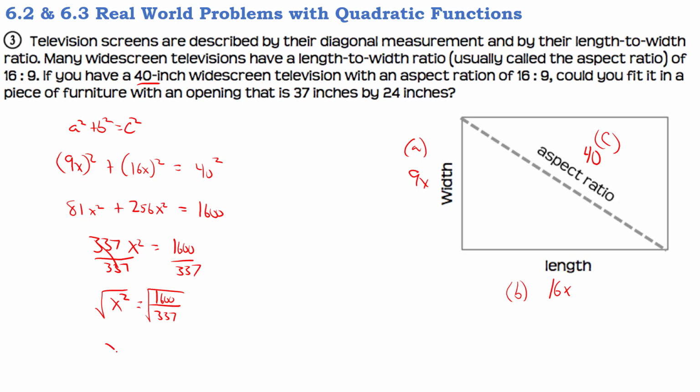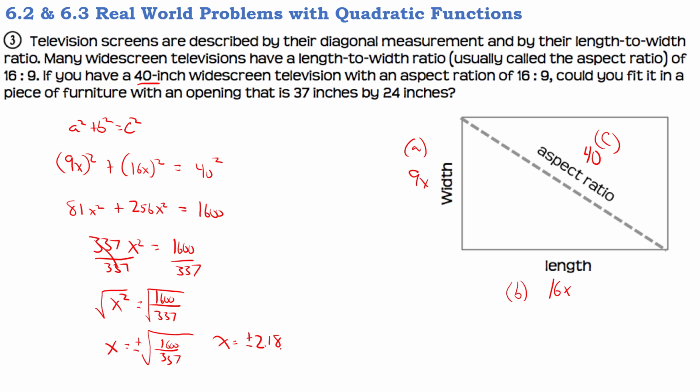So we'll be left with x equals plus and minus the square root of 1600 divided by 337. When we put that in the calculator, we get a value of around plus and minus 2.18. So x is going to be plus and minus 2.18.